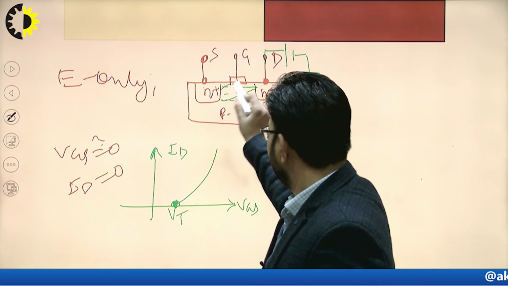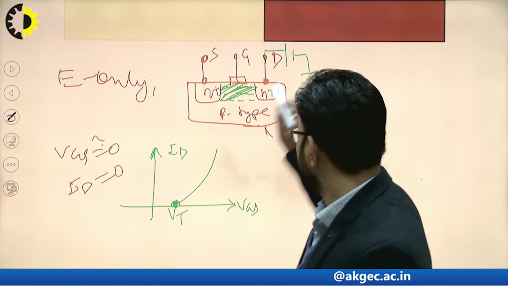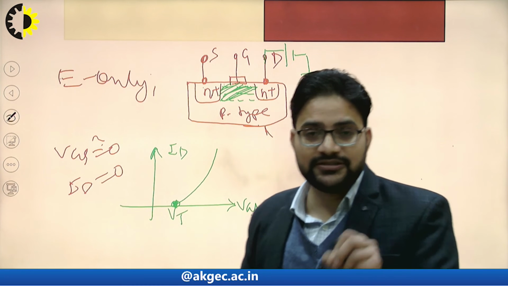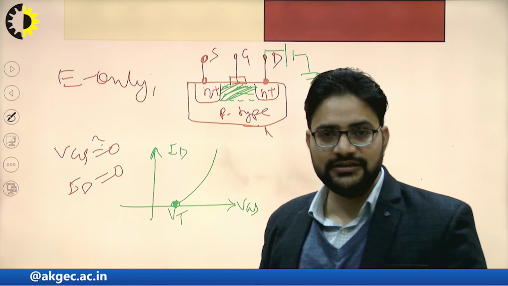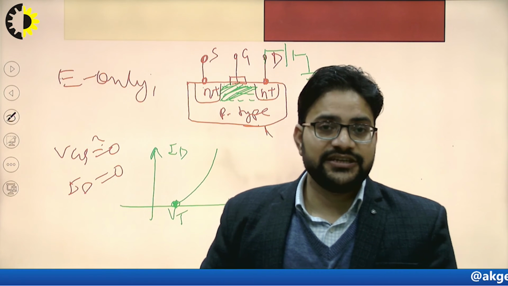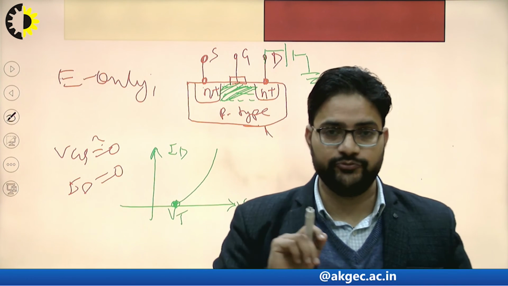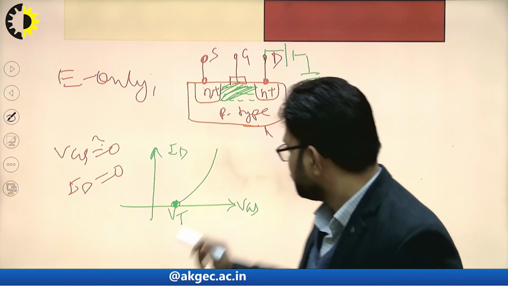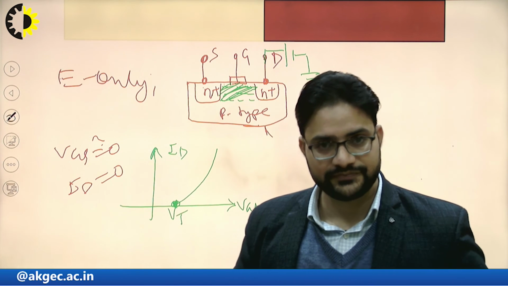So we will have this channel after introducing this VDS or increasing this VDS value. Now, if we further increase this VDS value, then this channel will be further reduced, right? This increase or decrease in the channel length due to changing of this VDS voltage is called channel length modulation, right? So due to this channel length modulation, this effective channel length will reduce.